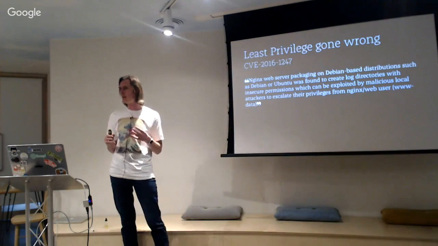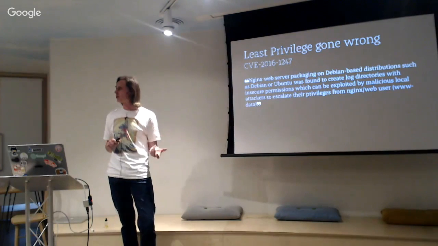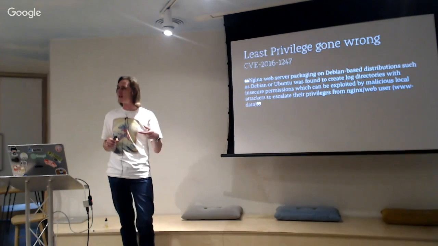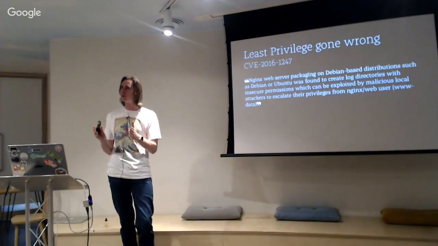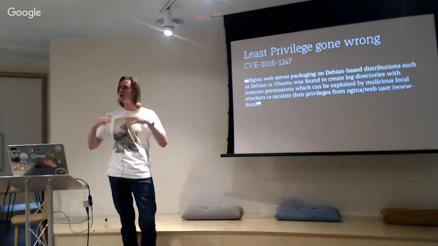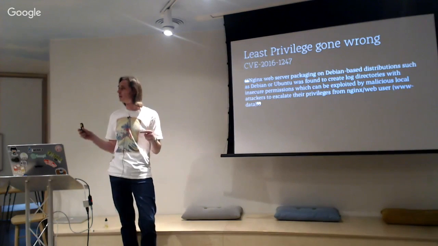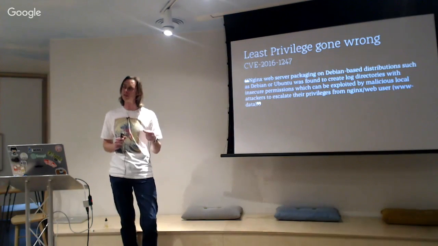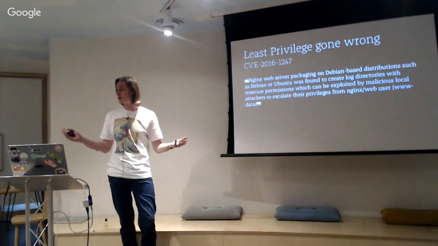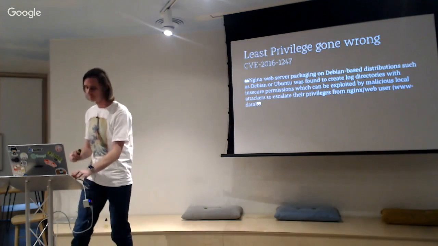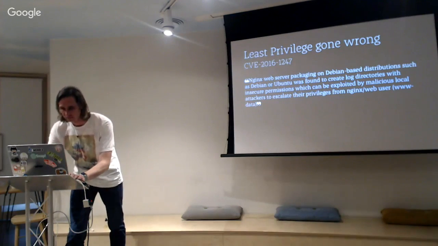What it allowed was a malicious attacker to persuade Nginx to turn a least privileged user account, which generally runs Nginx as www-data, and use a vulnerability in Nginx to create a root and give the attacker root access. They did this by manipulating a bug in the log files.